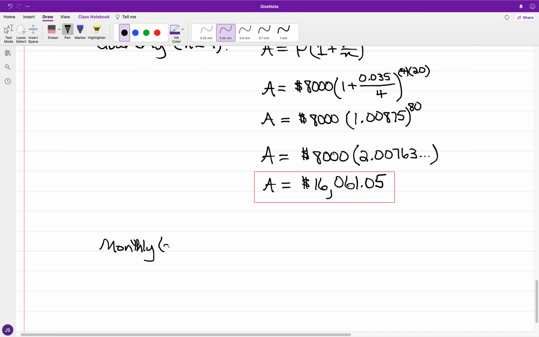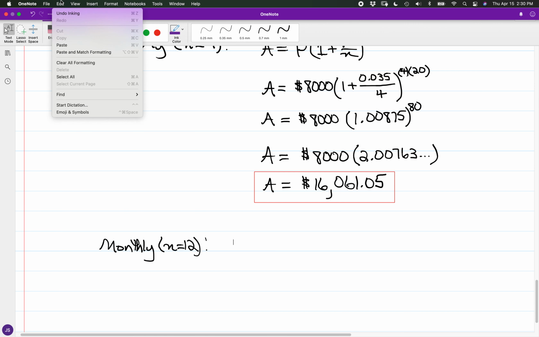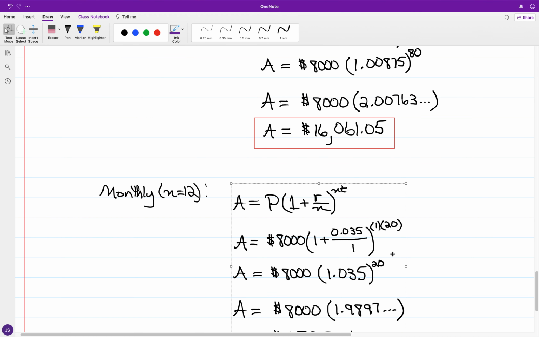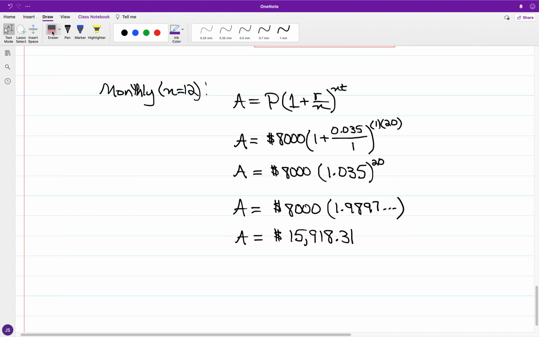This time we are going to have n equal to 12. So we'll have 0.035 over 12, raised to the 12 times 20th power.